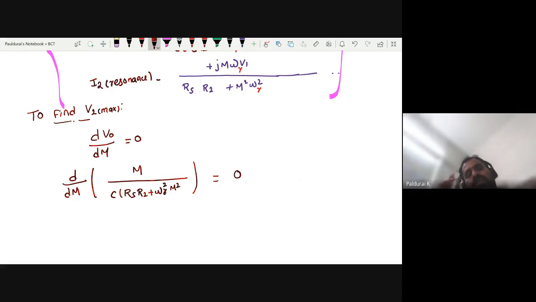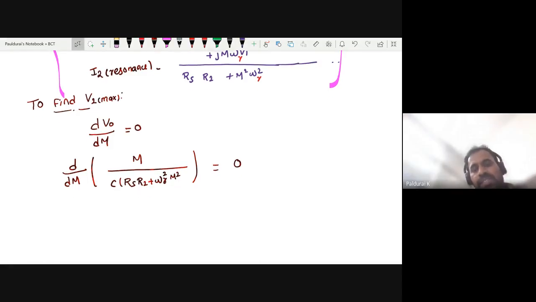I repeat, to calculate maximum voltage, we want to differentiate the voltage with respect to mutual inductance and equate that to 0, because at maximum there is no slope, right? Slope 0. If you differentiate this, it is very easy to remember the final expression.